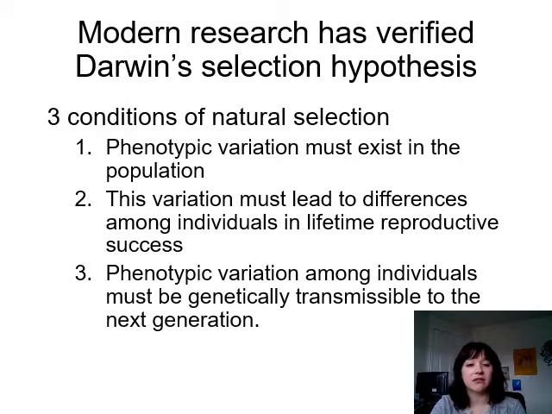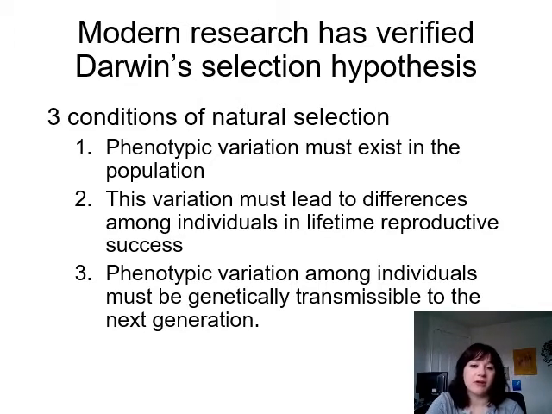Next, there has to be a benefit or disadvantage of that trait, right? So if it didn't matter whether your beak was big or small for survival, it wouldn't be chosen for, it wouldn't evolve, right? So that variability must give some individuals an advantage or a disadvantage in terms of reproduction.